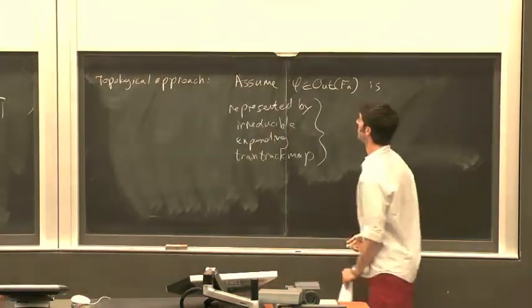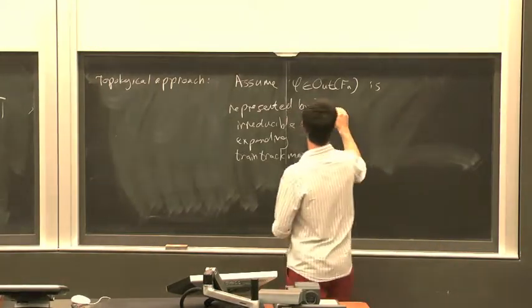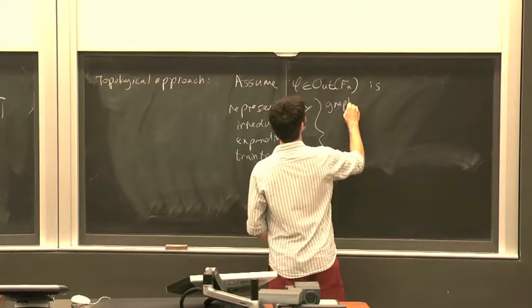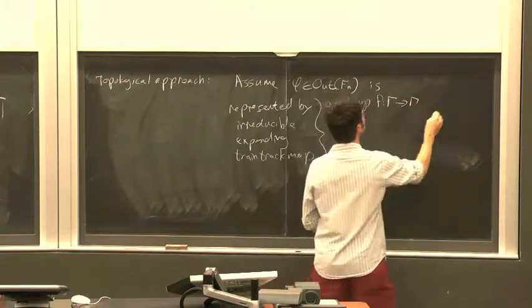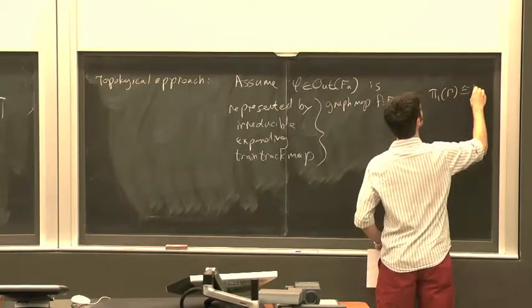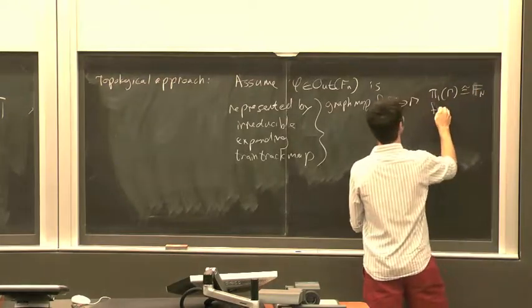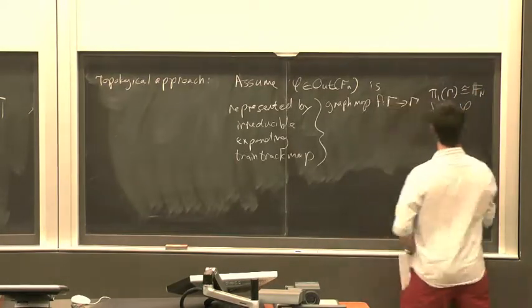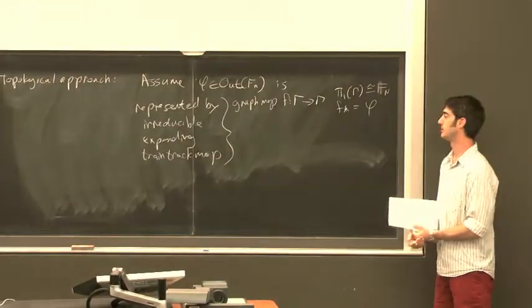Okay, so to say a free group automorphism is represented by something, that just means I have a graph map, where my graph is realizing my fundamental group, my free group, and the map induced by my graph map is the automorphism. So it's just a topological realization of that thing.